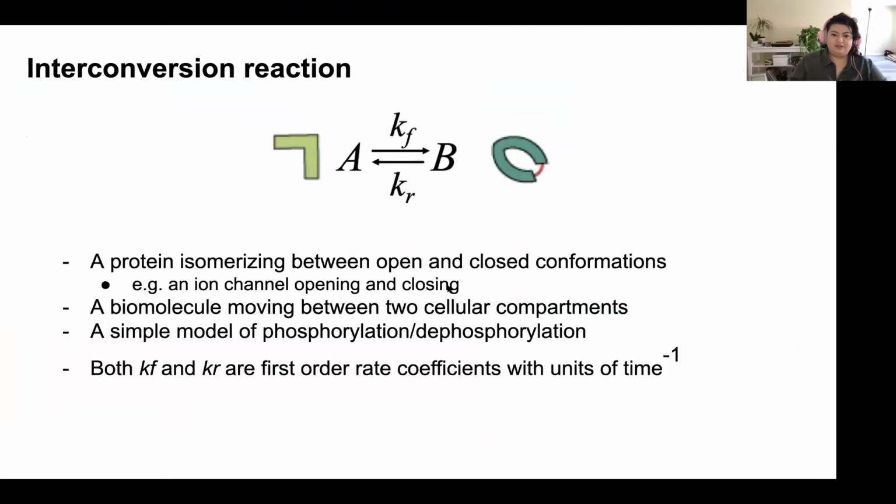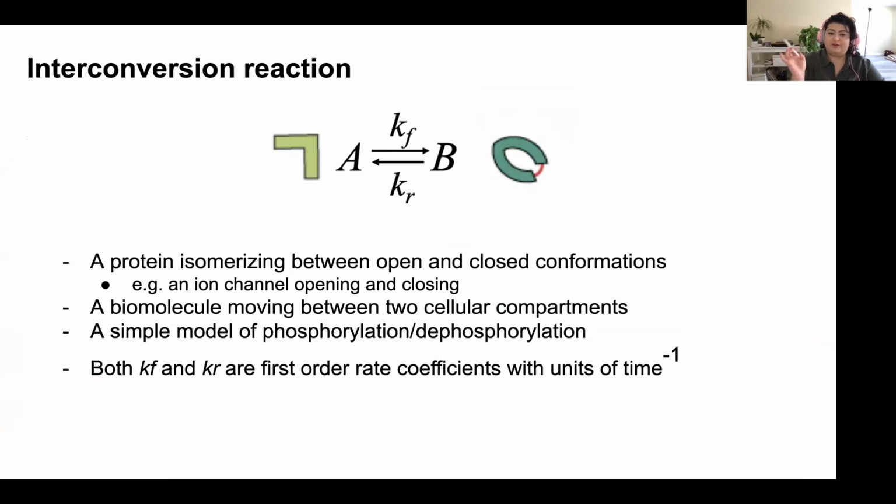Okay, so let's look at the interconversion reaction. We've seen these before, where you have arrows going in both directions. A lot of times when we see models in papers and in the field, this is a common setup.